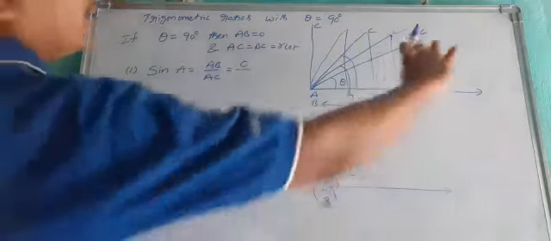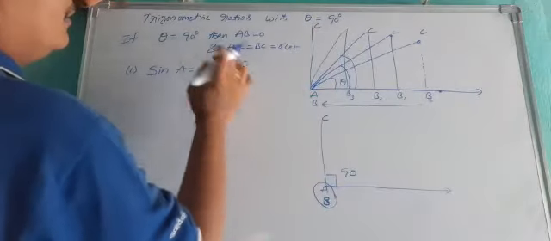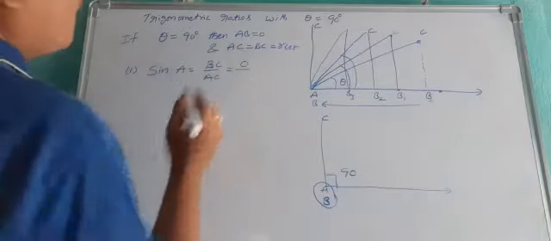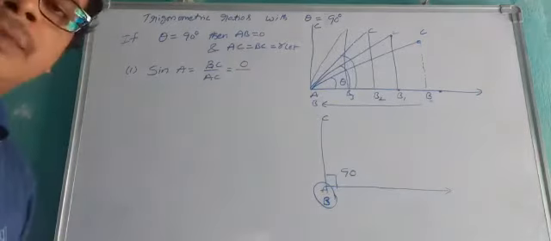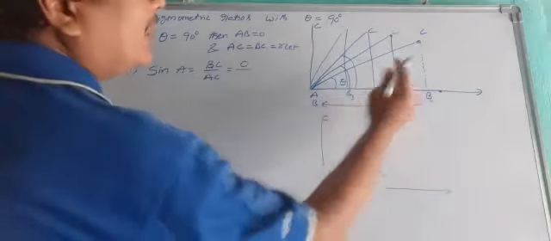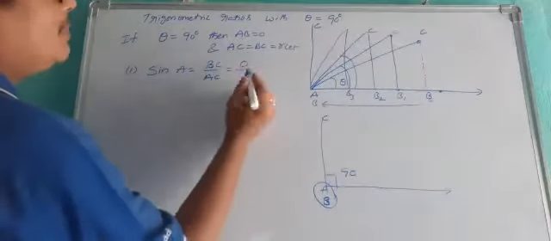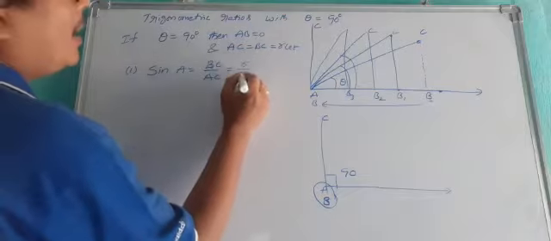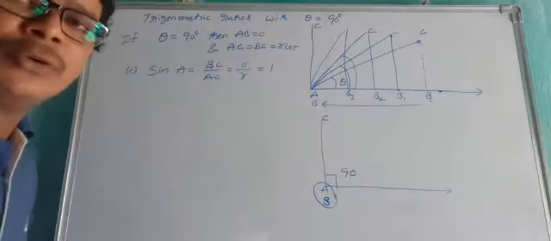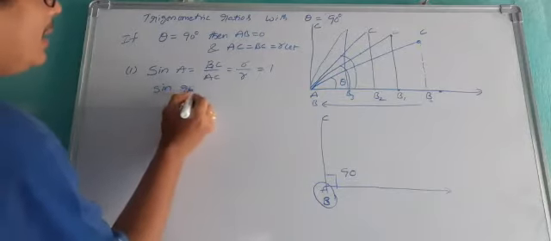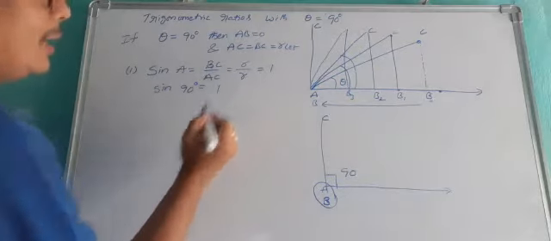Okay, opposite side, what is the opposite side? BC. Now the opposite side of theta is BC by hypotenuse AC. So BC by AC, that means R by R. R by R equals how much? 1. That means sine 90 equals 1.